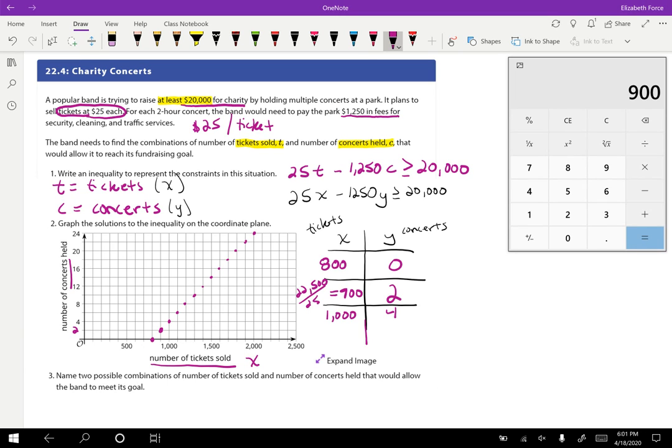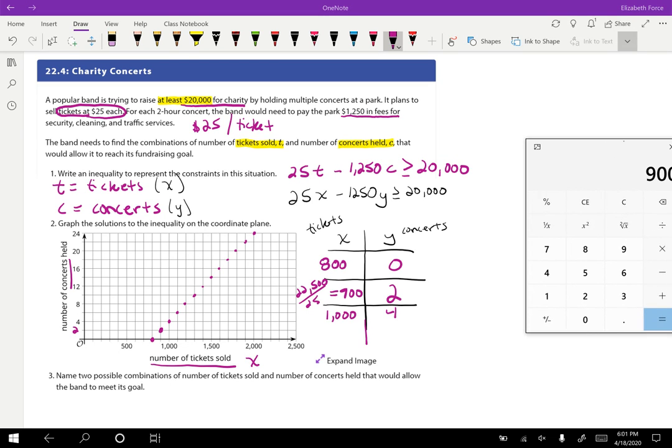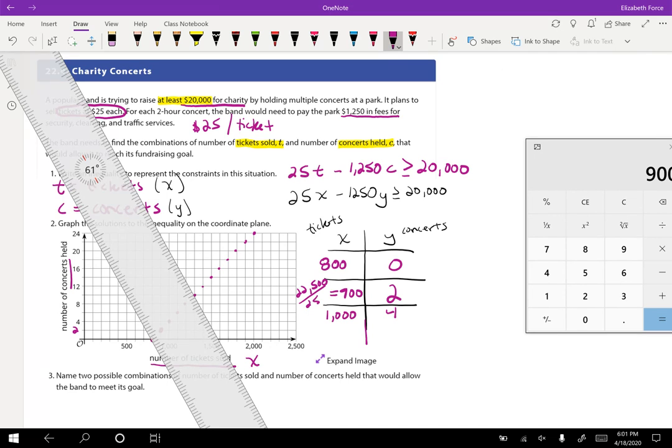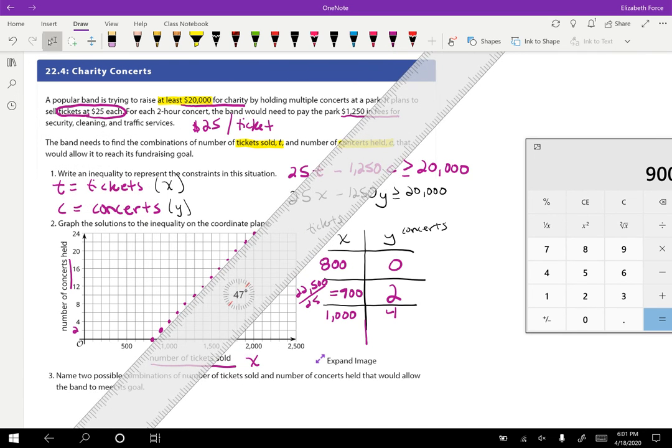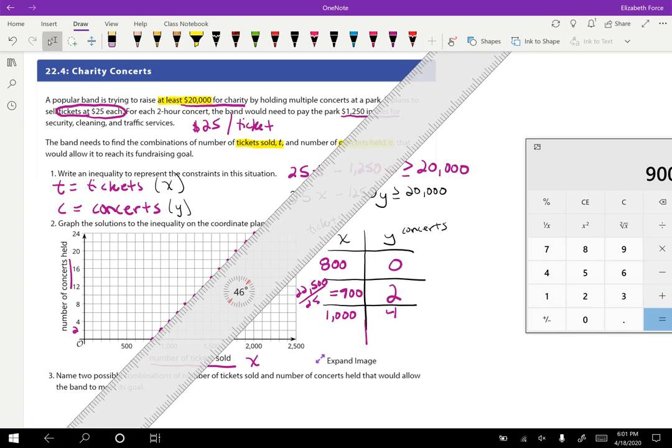So before I draw my line, you got to ask yourself, should I make it a dashed or a solid line? Is this a strict inequality, or can I actually equal that $20,000? And because I have the line underneath the inequality symbol and it says that I want to make at least $20,000, I'm going to go ahead and make this a solid line.